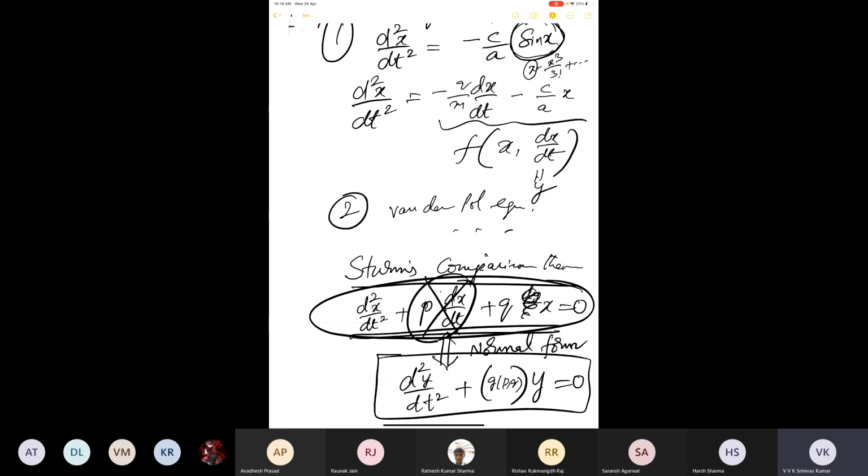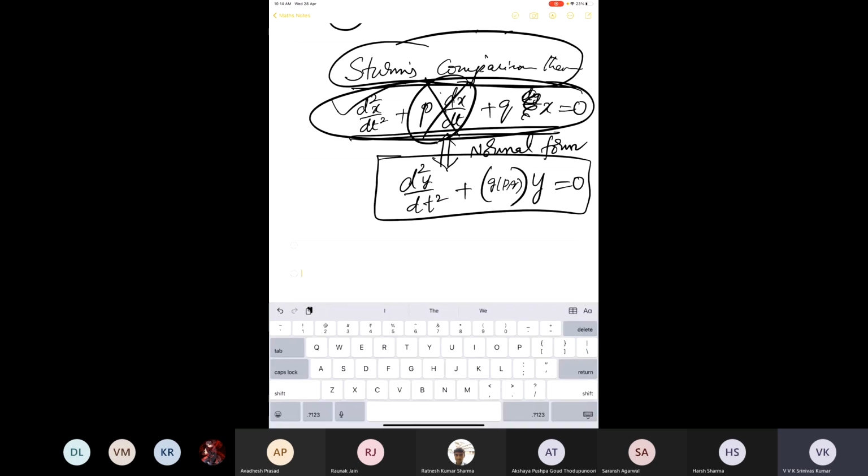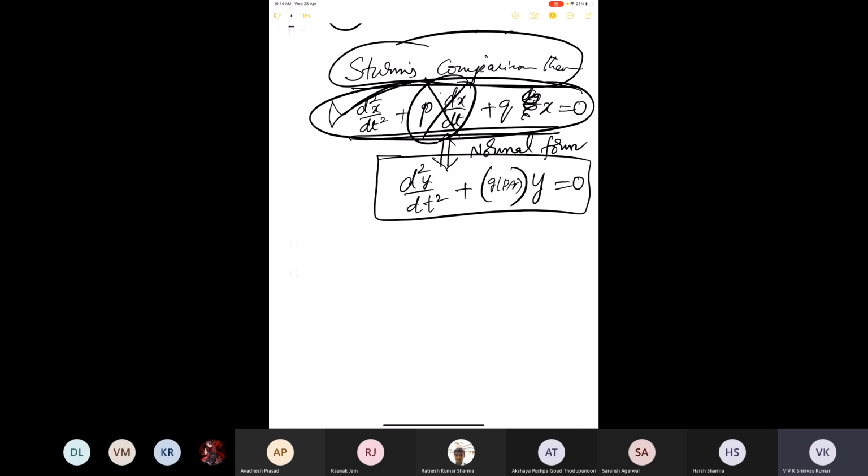So instead of writing Sturm's theorems for this, we can do the analysis for this. This is called normal form. Given this sort of second order equation, we can reduce to a normal form, which requires a substitution, a change of variable, etc. We'll go to details of that later on.